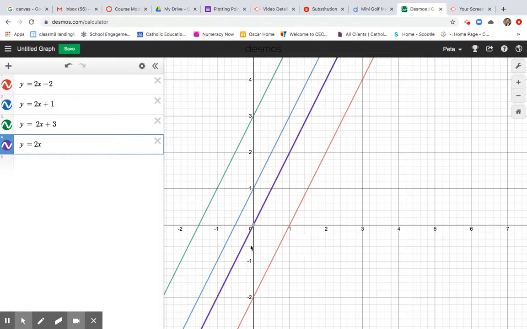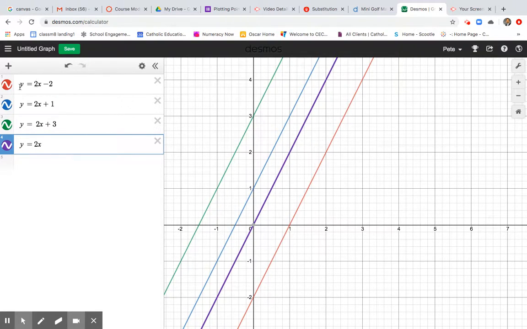We call that the slope or the gradient of the line. This y equals 2x minus 2, y equals 2x plus 1, y equals 2x plus 3, y equals 2x. Basically what it's doing is every time we go across 1, we go up 2.